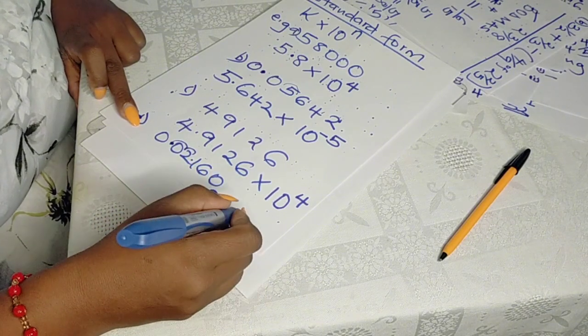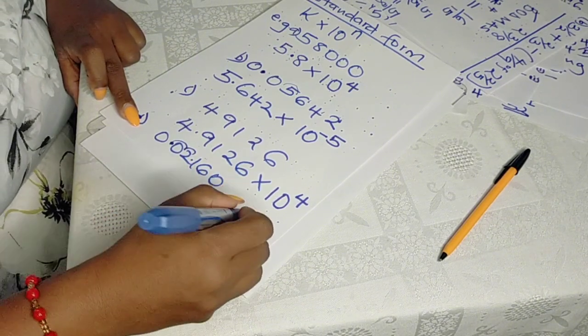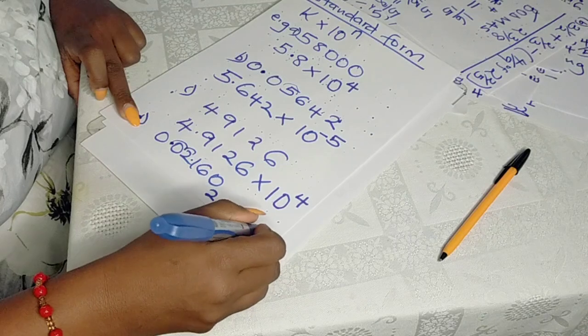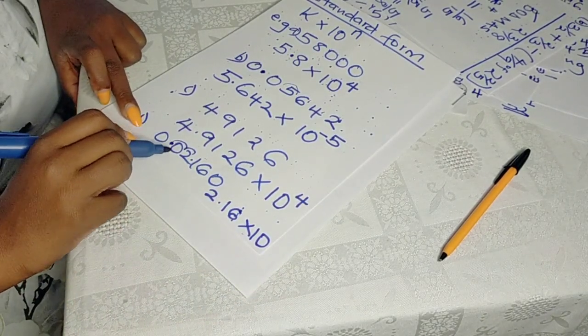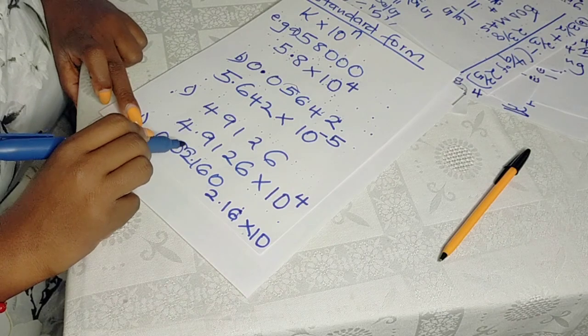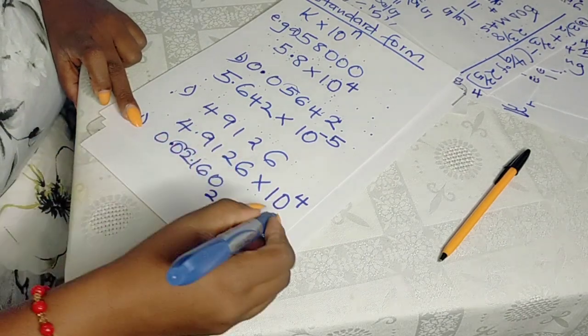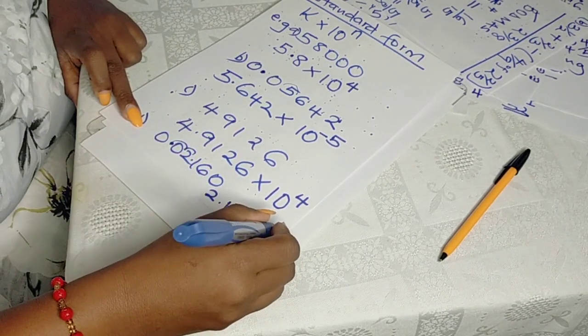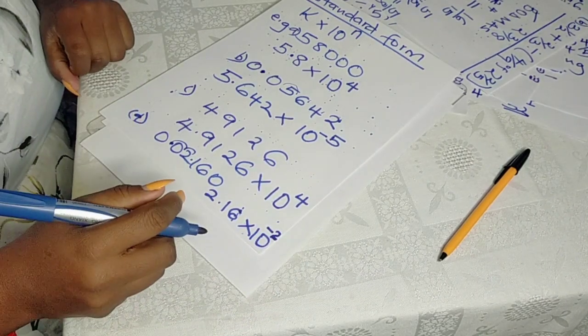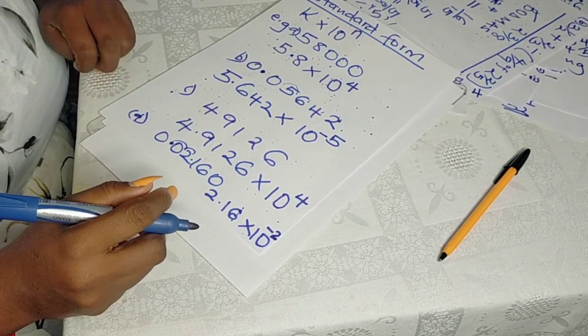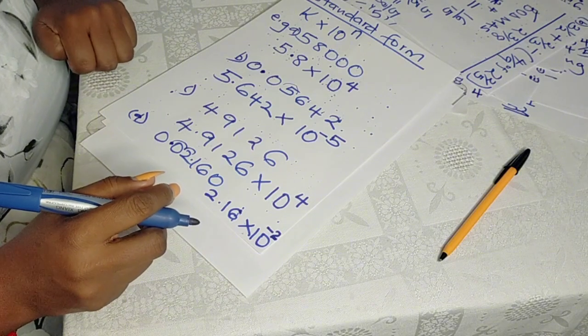Is it relevant? No, it is not relevant because the power we are going to place there will take care of it. So our power is 1, 2 to the right, so power 2, which is negative 2. And there we go. That is how we do our writing of standard form.